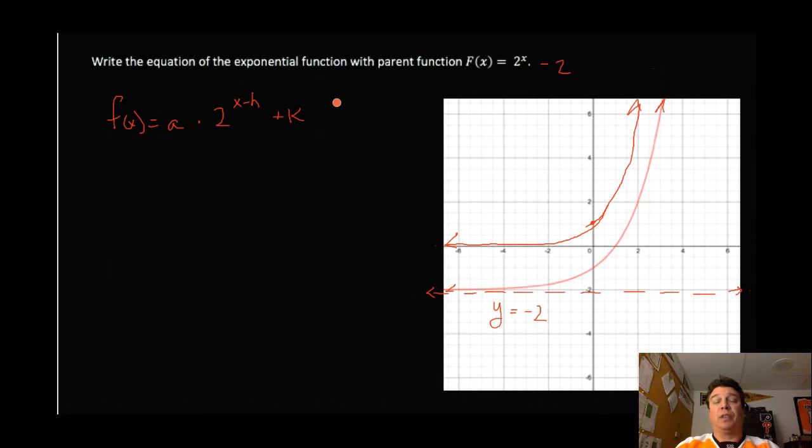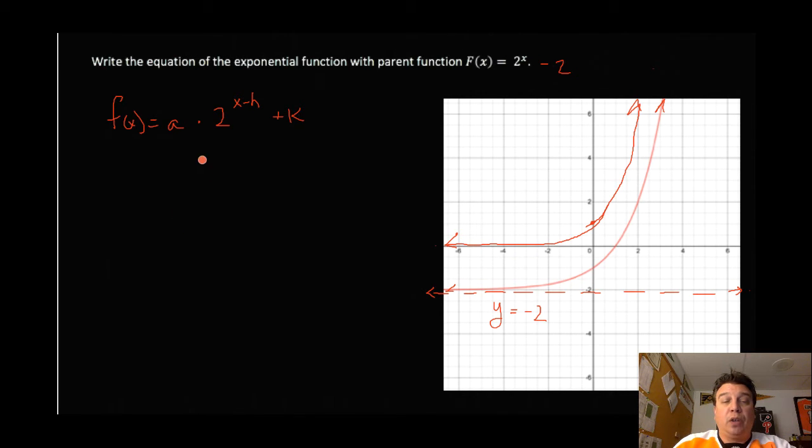Everything follows from the shifting left, right, up, down, and flipping about the x-axis or y-axis. Those are all the same things from the work we've already done. The only difference is that the x value is in the exponent.